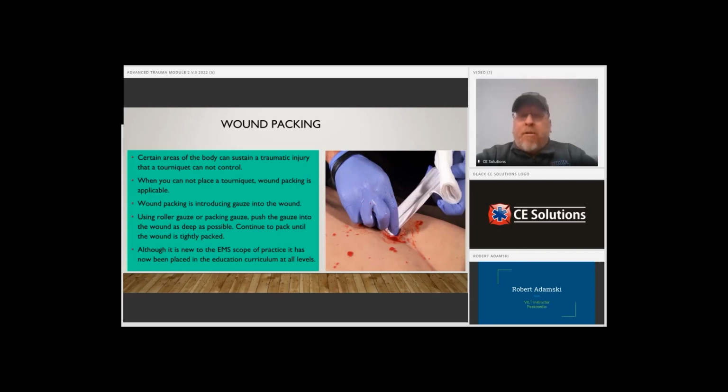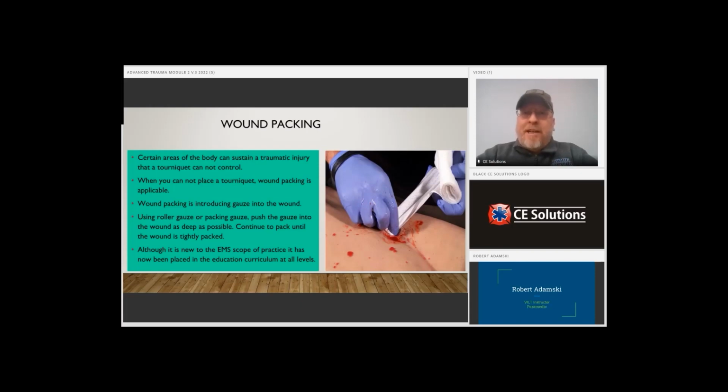Now, there are versions of gauze that have hemostatic agents built into them. Those types of hemostatic agents or wound packing materials tend to work better, because not only do you have the direct pressure placed on that injured blood vessel to help control hemorrhage or bleeding, but you have the chemical reaction, which helps promote the actual blood clot formation with the hemostatic agent at that site.